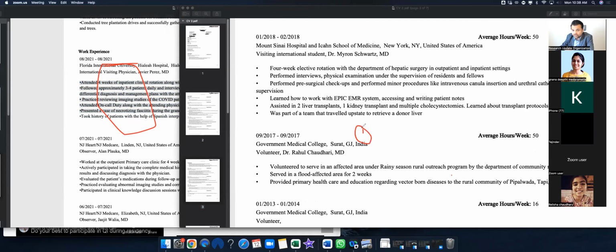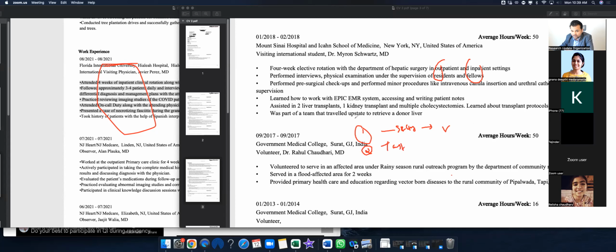Number 1: what type of setting the experience was, and what type of patients that setting looks after, inpatient, outpatient, cardiology, hemato-oncology, or anything. Usually the patients range from mild, moderate, to severe disease. Number 2: what was your task in that setting?